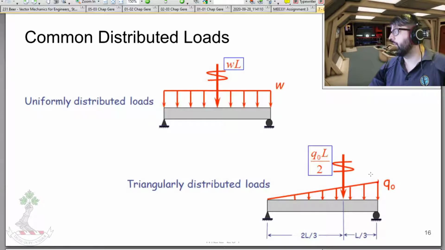So calculate that just, base times height divided by 2, same way we do any triangle. And again, the centroid, like we saw, is 2/3 of the way from the pointy tip to the other end, or 1/3 of the way from the fat end to the pointy tip.